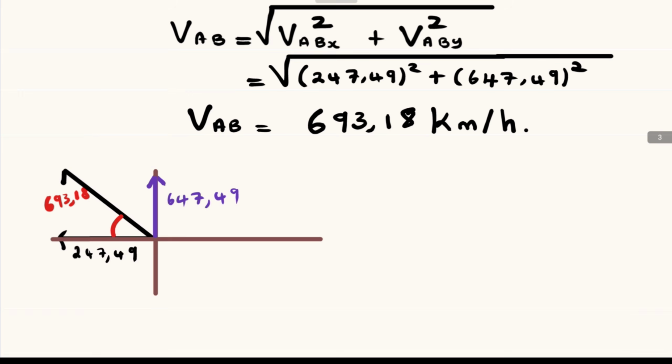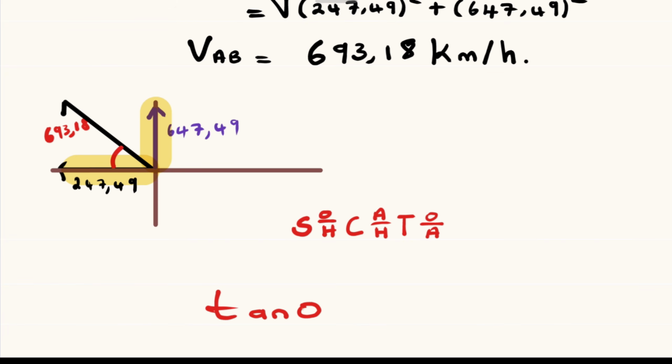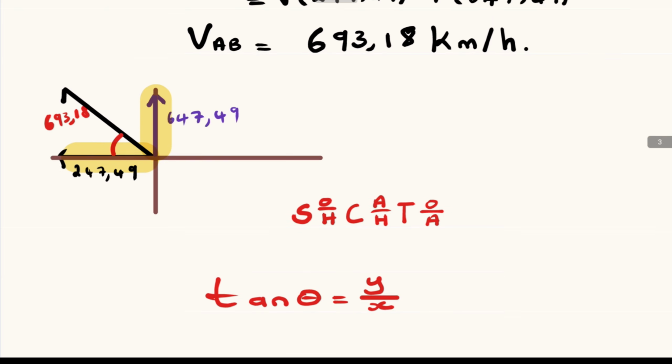To determine that angle, we are going to use the SOH CAH TOA, and we have the y and the x, so we are going to use the tan. So we have tan theta equal to the opposite, which is y, divided by the adjacent, the x.